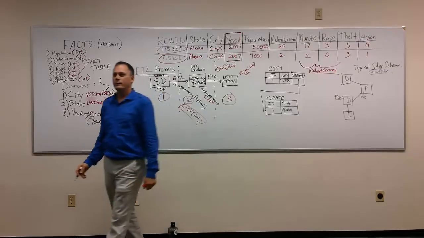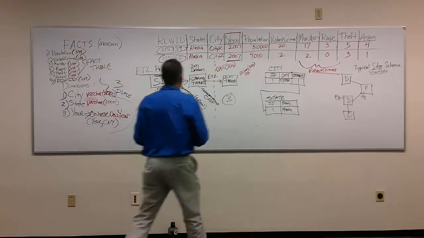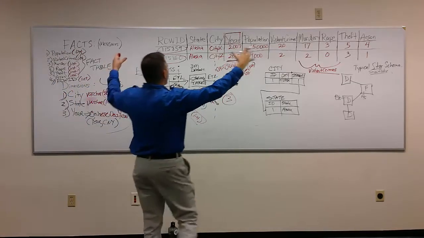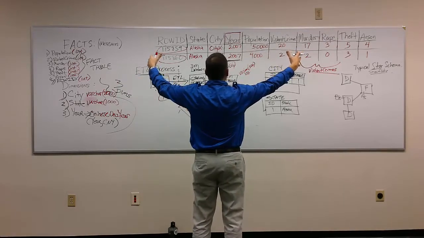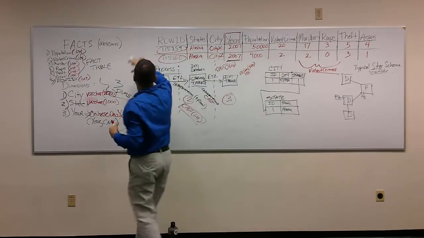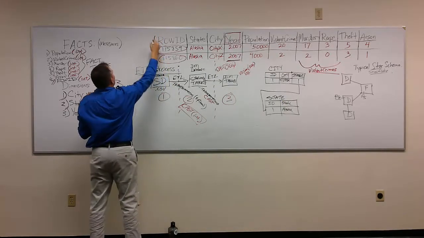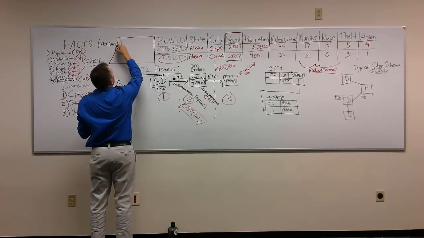So when we build these dimensions, when we bring this table over to staging, here's what's going to end up happening. I'm going to add some columns here. I know this is getting kind of messy.